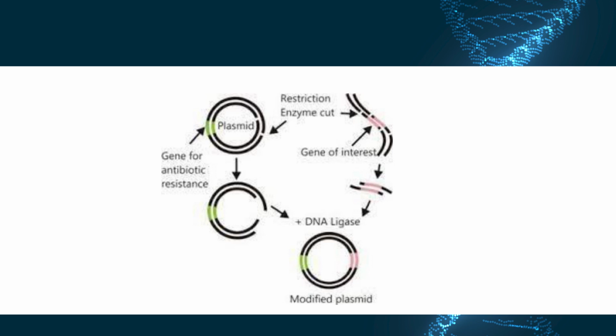Nick was created, recombinant DNA was created, and this is the modified plasmid. Here we can see the green region that indicates the selectable marker region, and this region is basically an antibiotic resistance gene. Apart from this, it will also have an ORI site, or you can say that it is the site of origin where the replication begins.